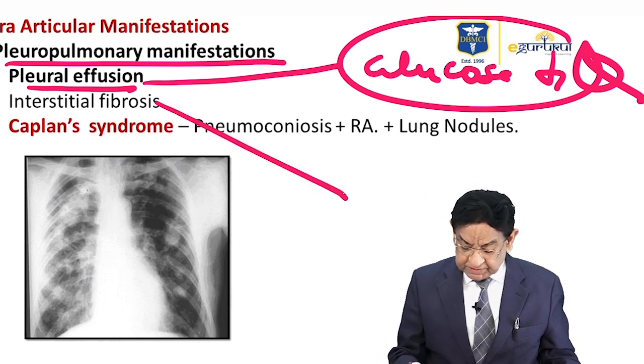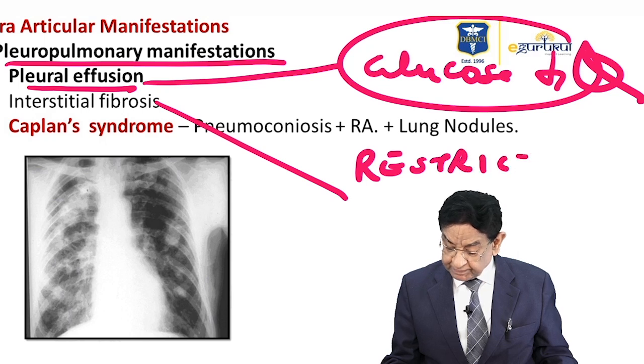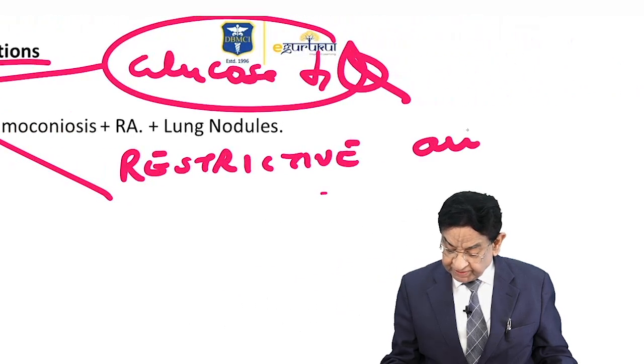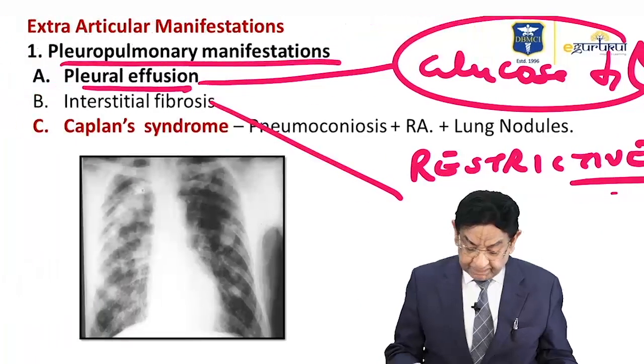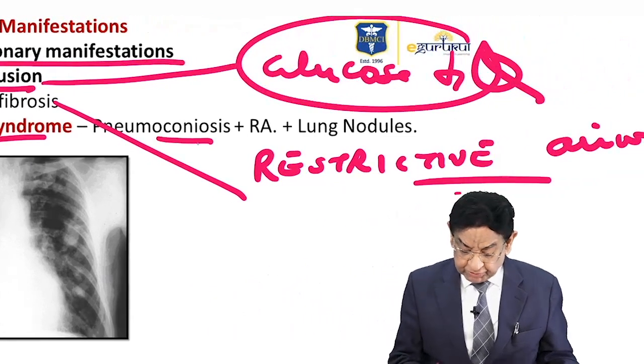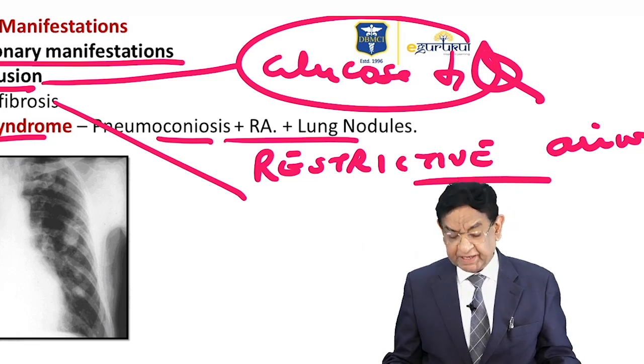Interstitial fibrosis can occur, so it leads to a type of restrictive airway disease. Caplan syndrome, a commonly asked question. There is pneumoconiosis plus rheumatoid arthritis and then lung nodules.